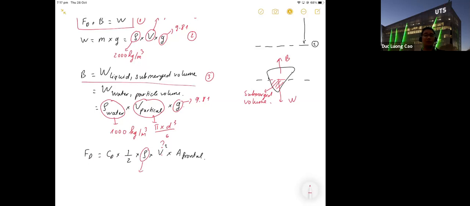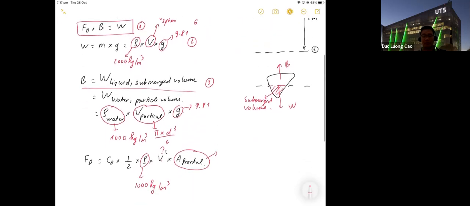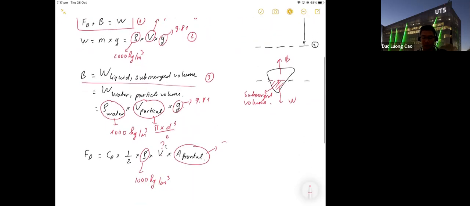In this case, the fluid is water, so the density of water is 1000. Frontal area: the sphere's frontal area is a circle with diameter d, so it is pi d square over 4.